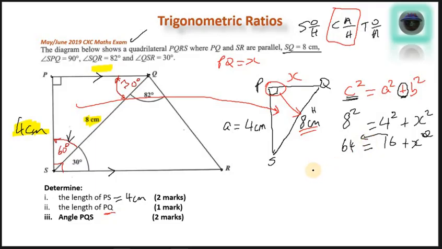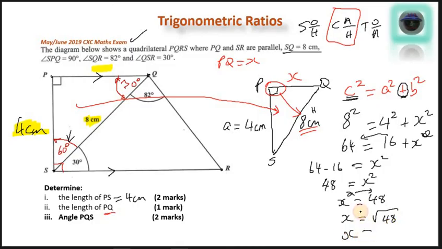Transposing the 16 over, we have 64 minus 16 is equal to x squared. And 64 minus 16 is 48, so x squared is equal to 48. Now we want to transpose the square over. Once we transpose the square, it becomes a square root on the other side. So we find the square root of 48.